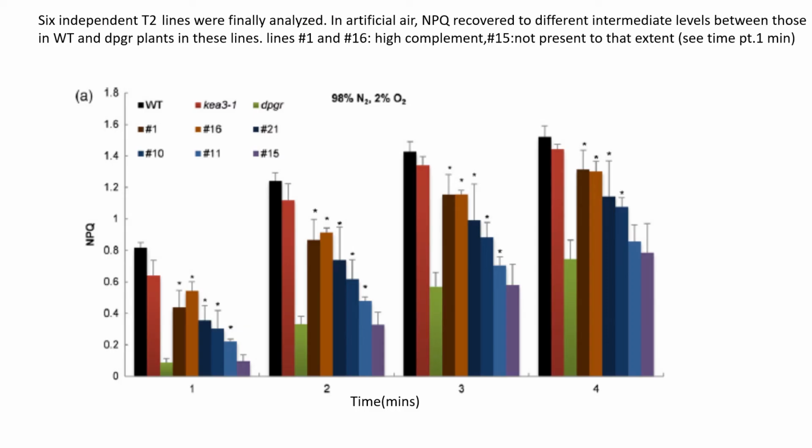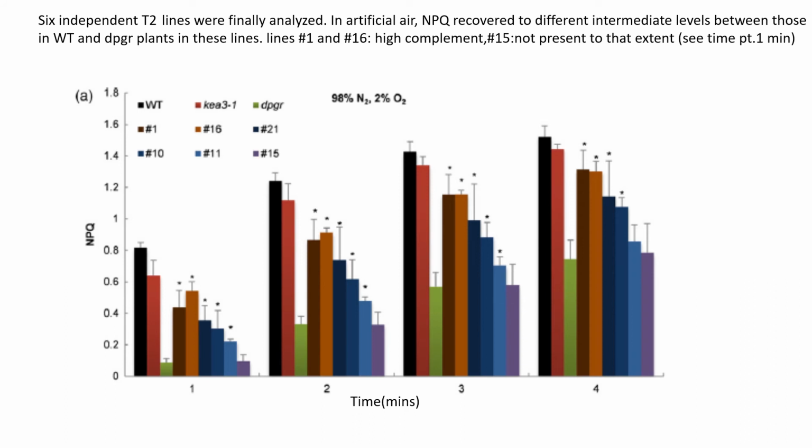To complement this study, a further experiment was done by putting the full-length genomic sequence of the KIA3 gene from wild type into the DPGR mutant, and based on that combination, 6 independent T2 lines were finally analyzed in the different air environments.